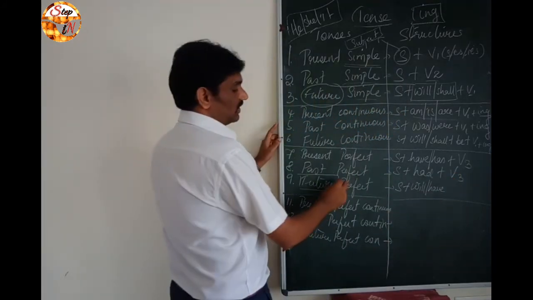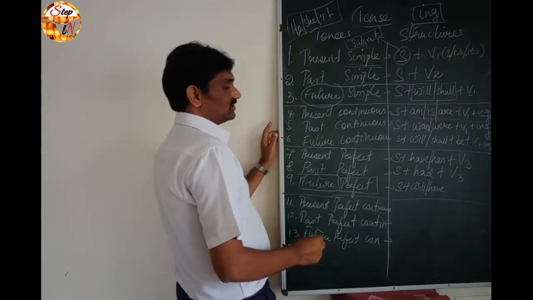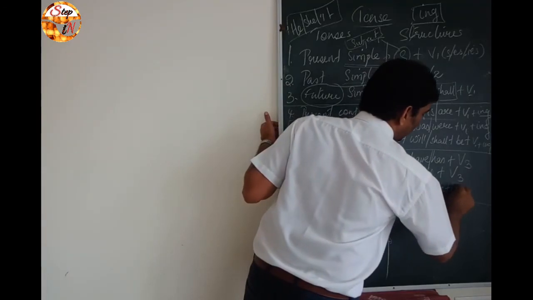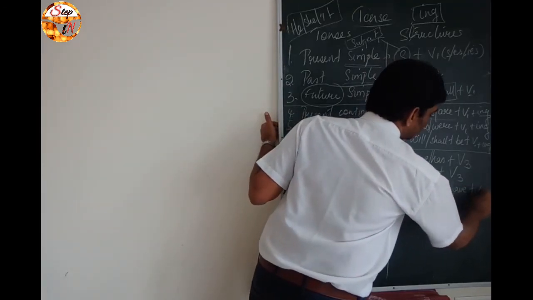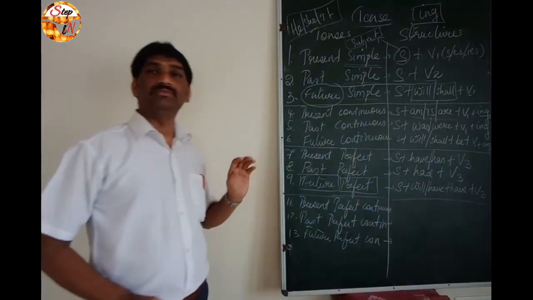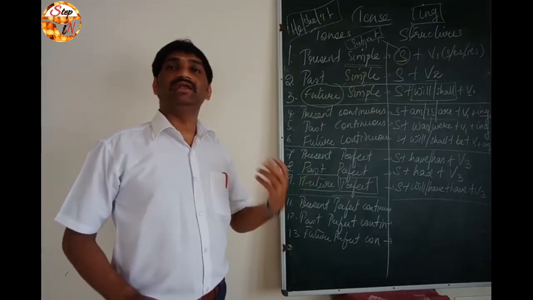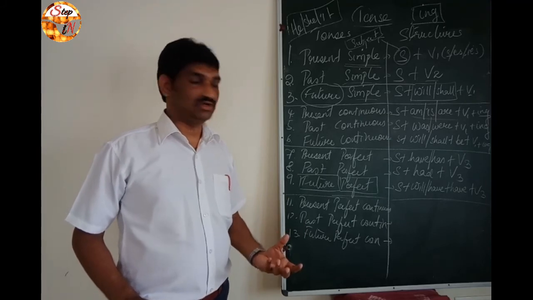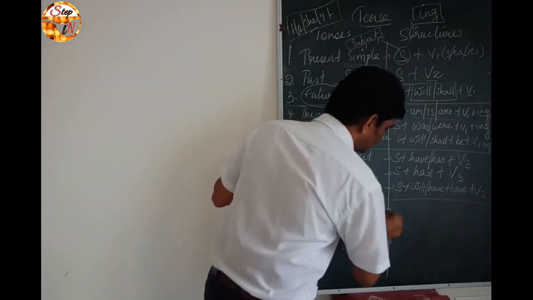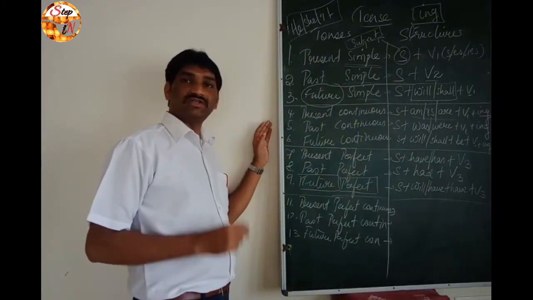And the next word, to indicate perfect, we have the have form verb. So have plus verb 3. This is simple enough. Once you identify the aspects, what things should be there, it is easy to construct the sentences also.